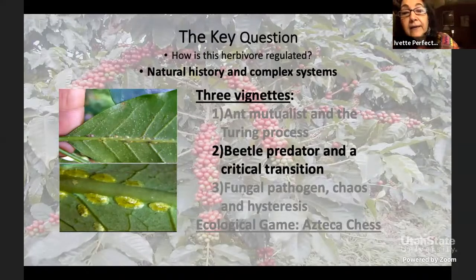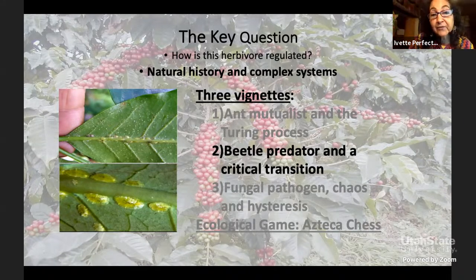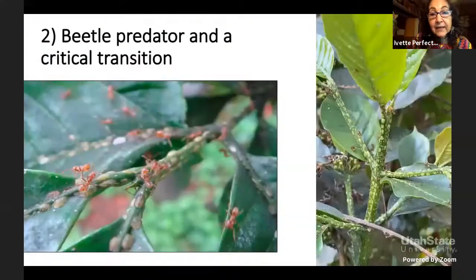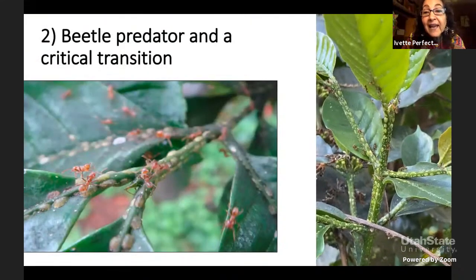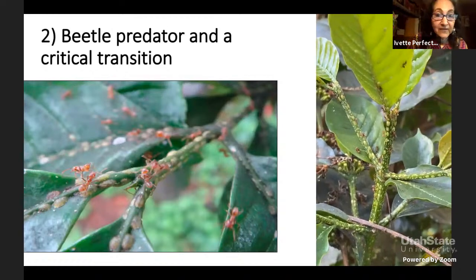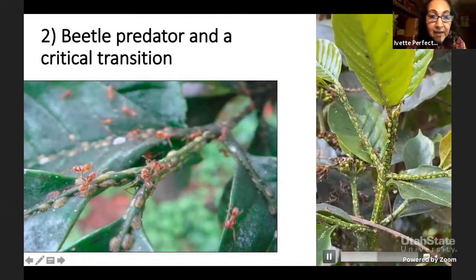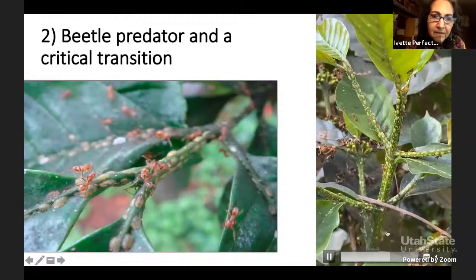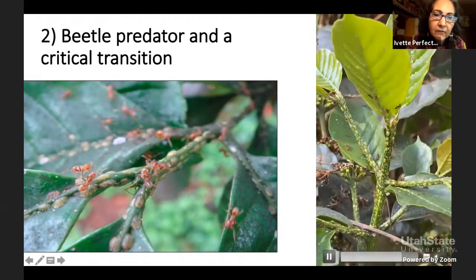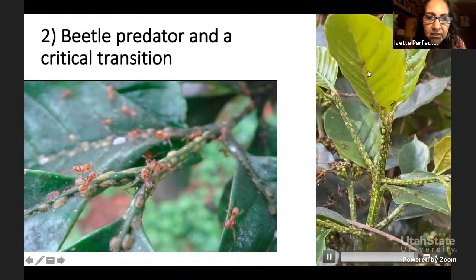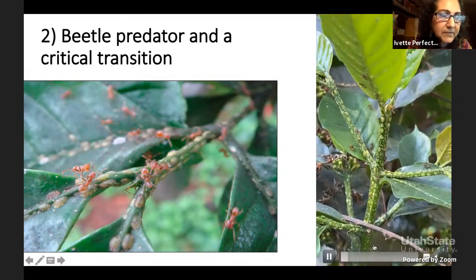Now that we have established that there is a spatial pattern caused by the ants, let me move to the second vignette, which is about the beetle predator and critical transitions. Now remember that the ants are tending the green coffee scale, no? So here we have a coffee plant with a high density of the scale insects, and you see the ants are foraging all over this plant, no?